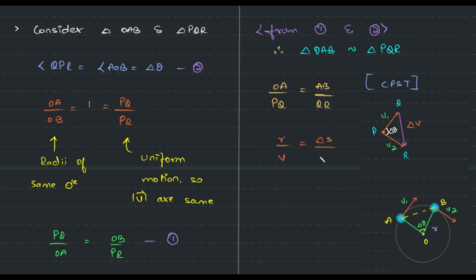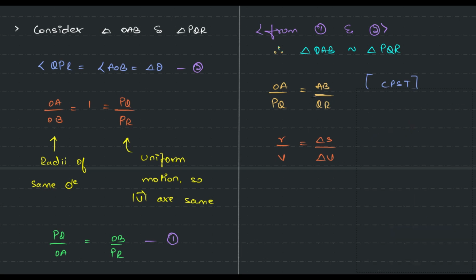And QR is your delta V. So with this, we can continue now. Right, guys. This is from the diagram. A bit of rearrangement. We have delta V is equal to V by R delta S. Now I'm going to divide delta T on both sides.